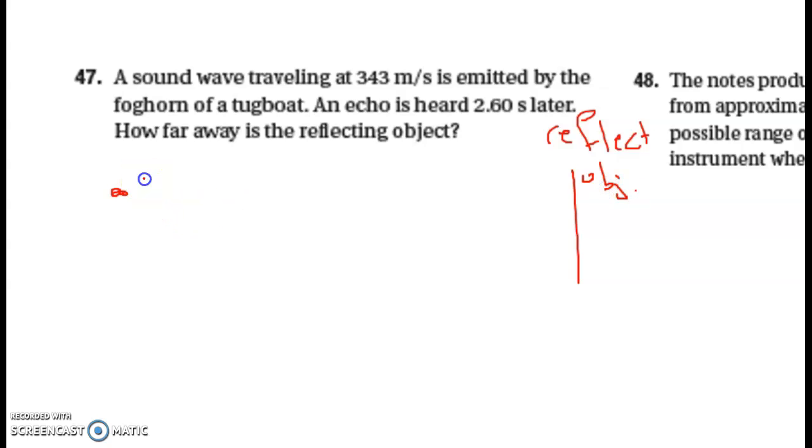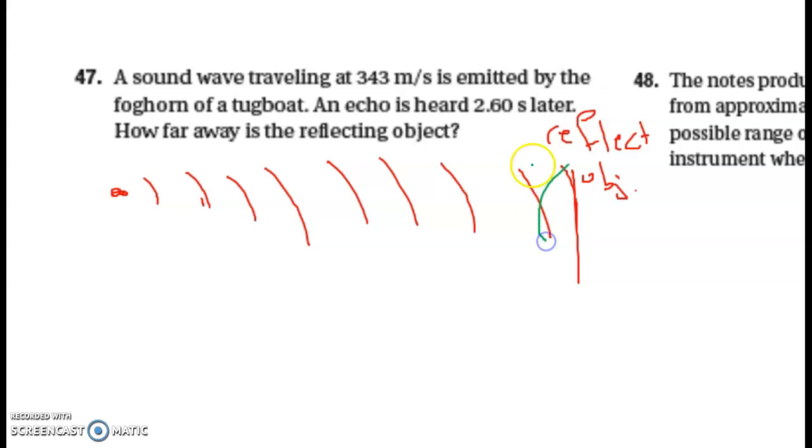Okay, the sound wave goes in this direction, covering this distance until it hits the barrier. Then it is reflected. I'm going to use another color here to represent the reflected wave. Then it is reflected, covering the same distance.